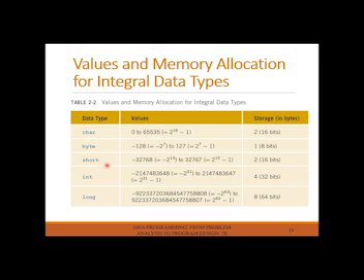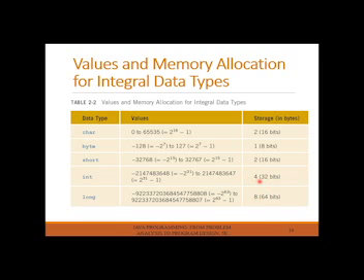Yung data type na short, ang value niya is from negative 32,768 to positive 32,767. Ang storage niya is 2 bytes. Ang int, from negative 2 raised to the 31st power to positive 2 raised to the 31st power minus 1. Ang storage po niya is 4 bytes.